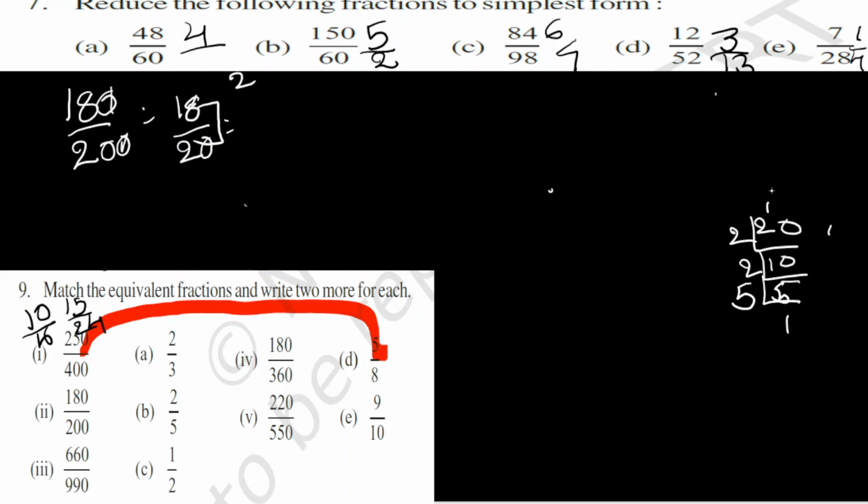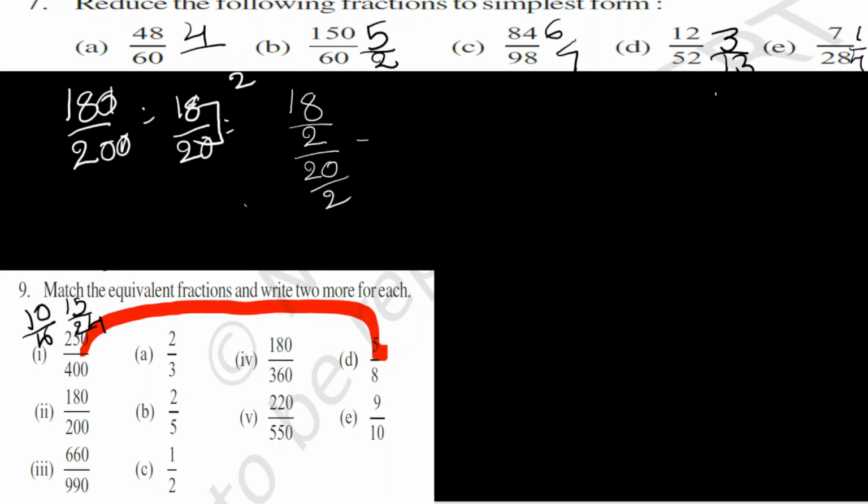Now we need to divide both the numerator and denominator with the HCF. So 18 by 2 and 20 by 2. This is nothing but 9 by 10. So the simplest form of 180 by 200 is 9 by 10. And let's write two more examples of this equivalent fraction.